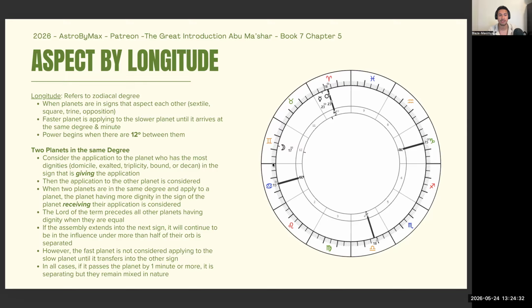They're in 23 degrees. And then the application to the other planet is considered. So we would prioritize the application in this case of the Moon to Mercury here, because the Moon is in the domicile of Mercury. And so that is the most important here for the Moon, because Mercury has the most dignity over these degrees of Gemini here.